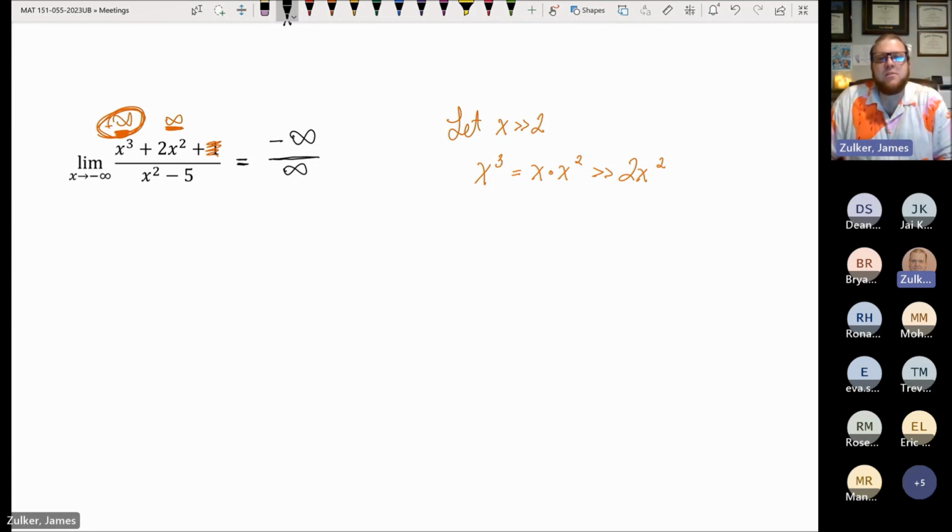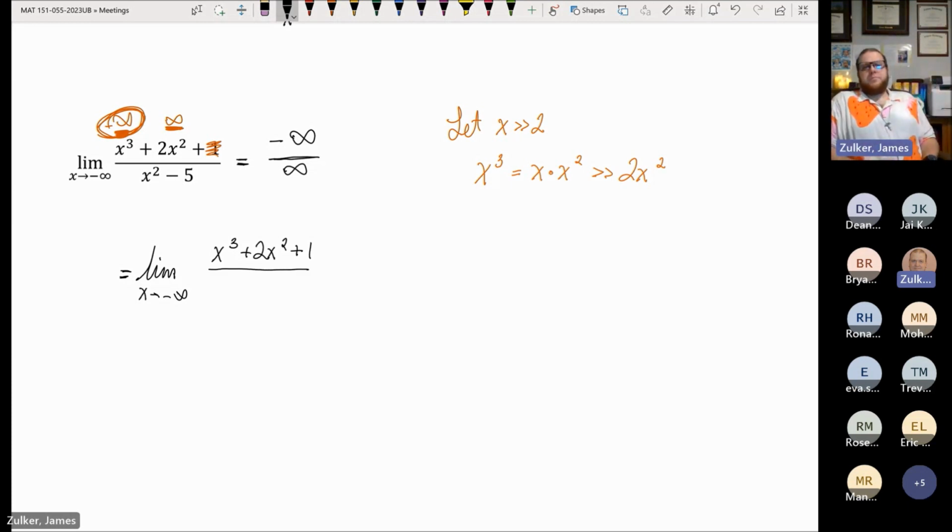So we play the same game that we did before. Look at the denominator. It's a polynomial, so what is the largest power? In other words, what is your leading term?